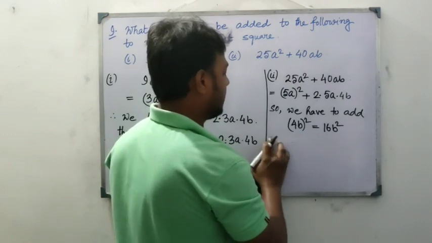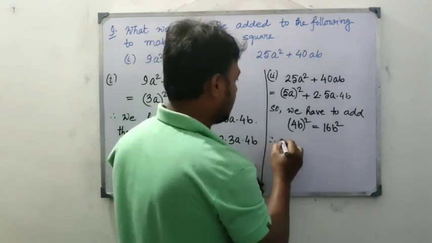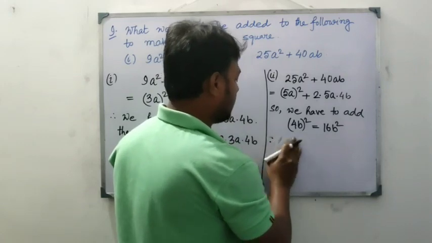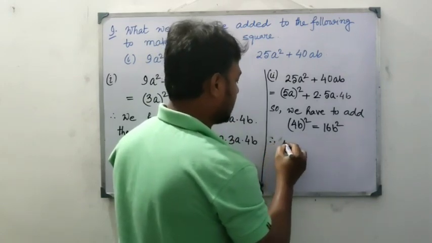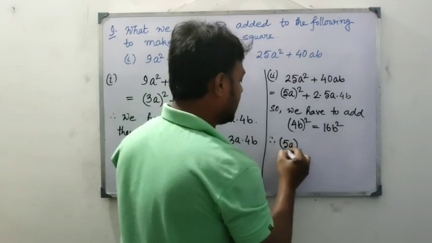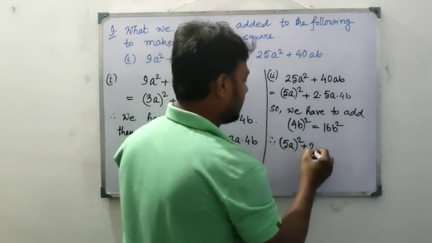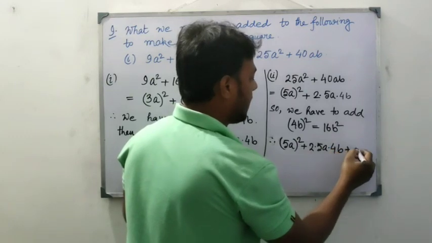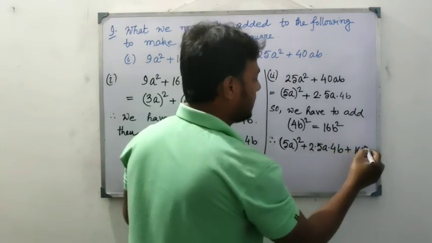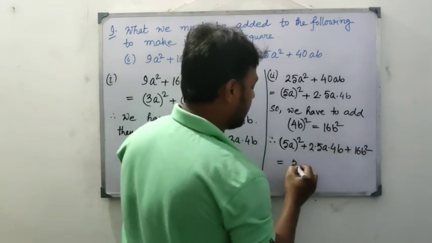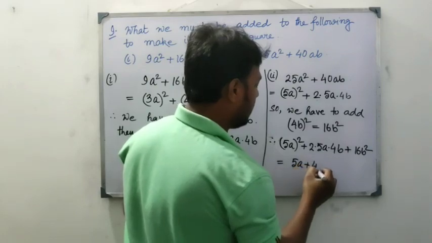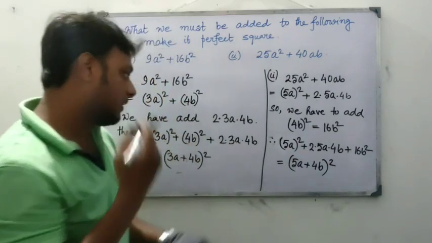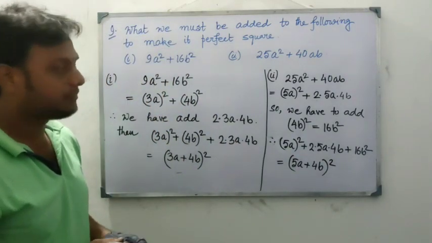Therefore 5a square plus 2 into 5a into 4b, and after adding this term we can write 5a plus 4b whole square. Understood? This completes the solution.